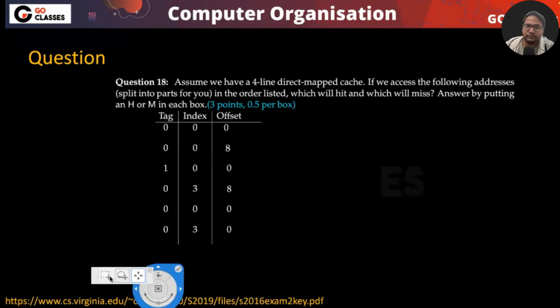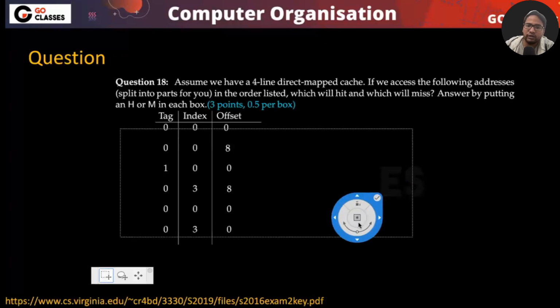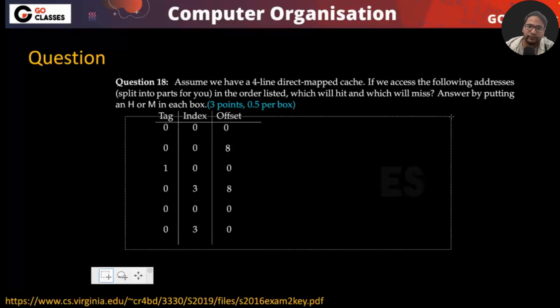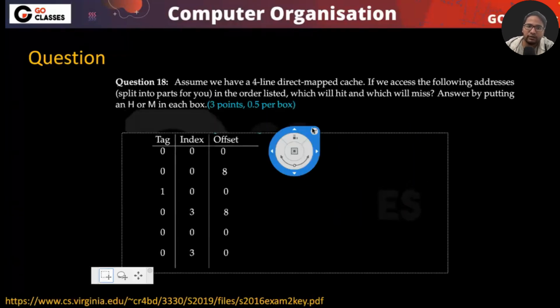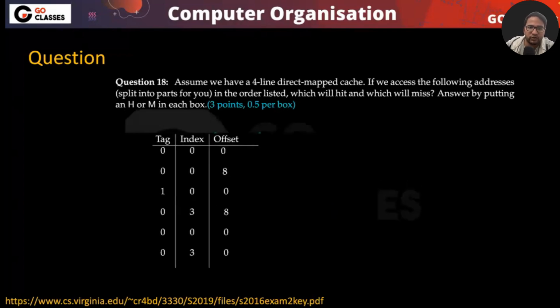If there are only 4 lines, then you need just 2 bits, right? So in the middle, you just need 2 bits here. Maybe they have written it in decimal or hexadecimal, but it doesn't matter. Basically you can write it as 1 1 in binary.